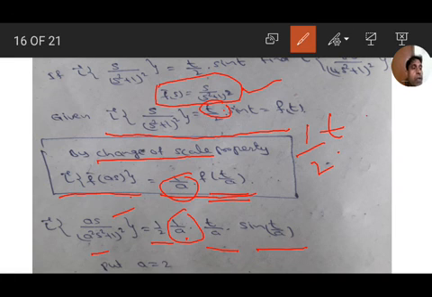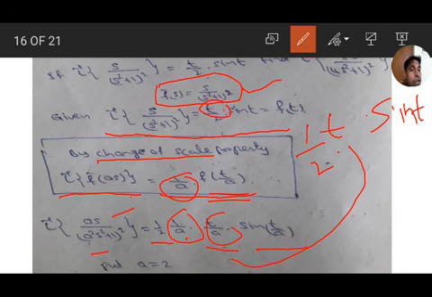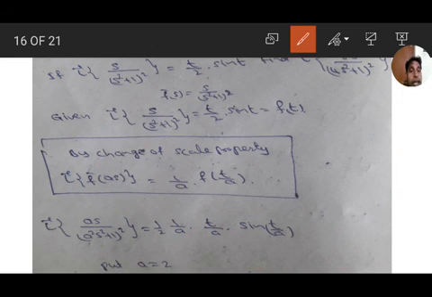Therefore L inverse of as by (a square s square plus 1) whole square equals 1 by 2 into 1 by a into t by a sin t by a.